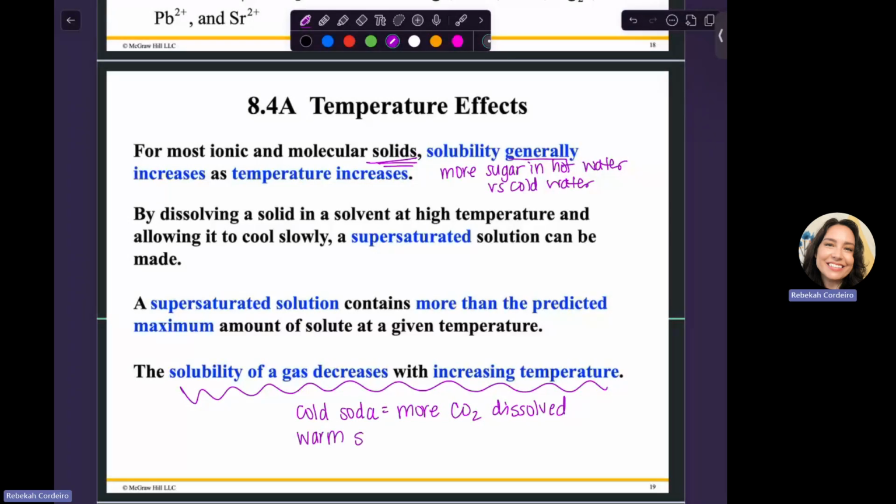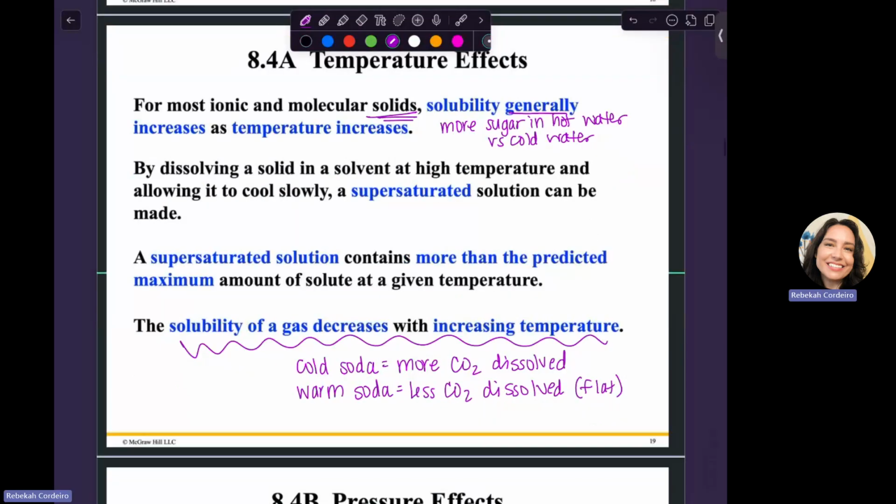It's flat. And you know this, right? If you leave your soda just sitting out, the CO2 will escape. But if your soda is warm, the CO2 is more likely to escape. So we cool it down, we slow those particles down to keep the CO2 trapped in our water so that our soda is bubbly.